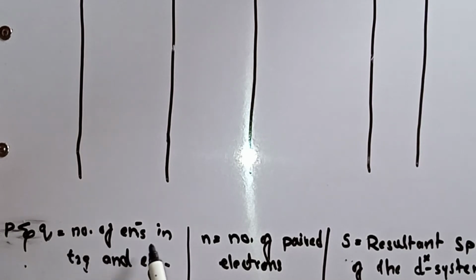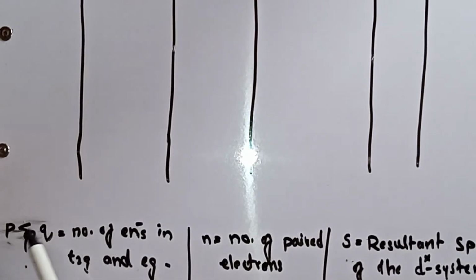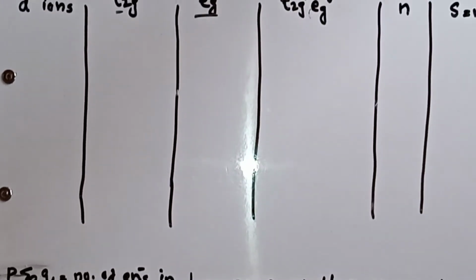P and Q are the number of electrons in t2g and eg. P is the number of electrons in t2g and Q is the number of electrons in eg, while N is the number of paired electrons, and S is the resultant spin of the dx ion system.